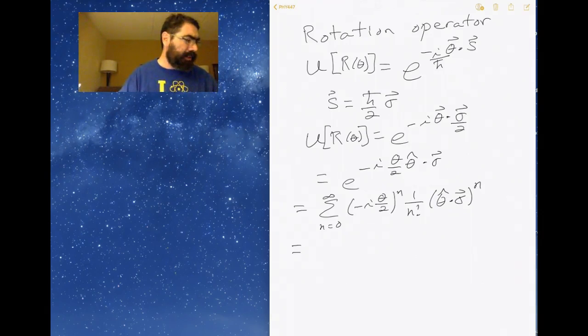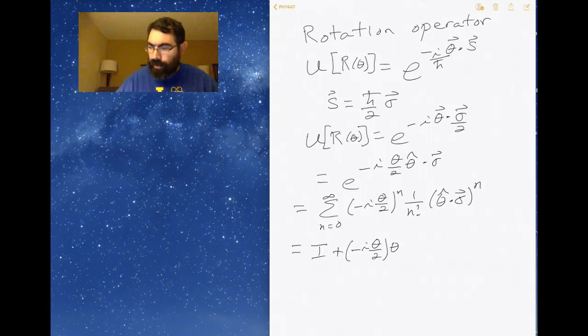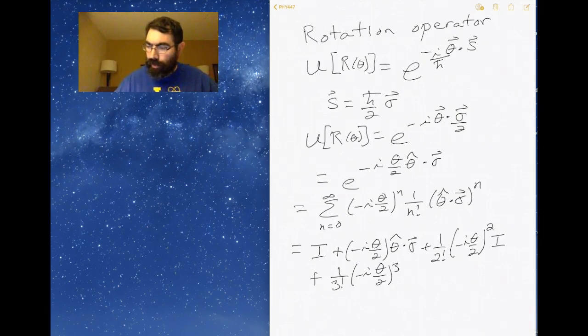So if I now work this out, I get the identity plus minus i theta over 2 theta hat dot the spin matrix, plus 1 over 2 factorial minus i theta over 2 squared, plus 1 over 3 factorial minus i theta over 2 to the third power theta dot sigma to the third power, and so on.